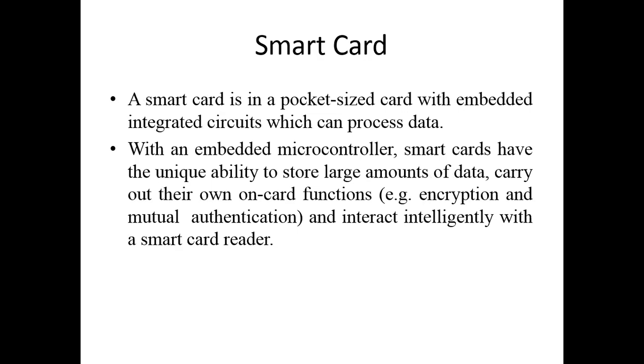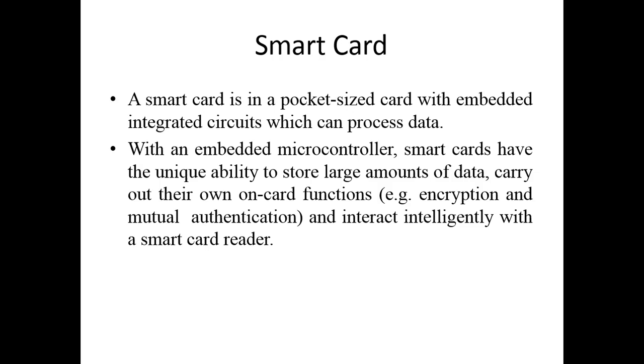Another form of security mechanism is a smart card. A smart card is basically a pocket-sized card that has integrated circuits embedded on it, and its use is to process data. Smart cards have a unique ability to store large amounts of data and carry their own card functions.